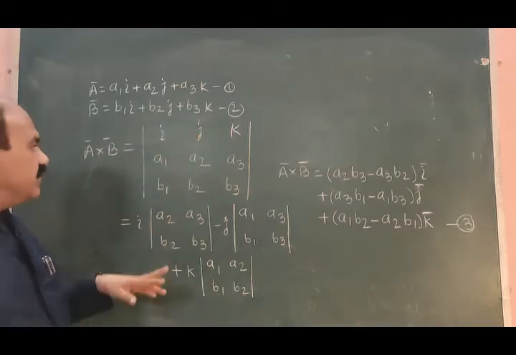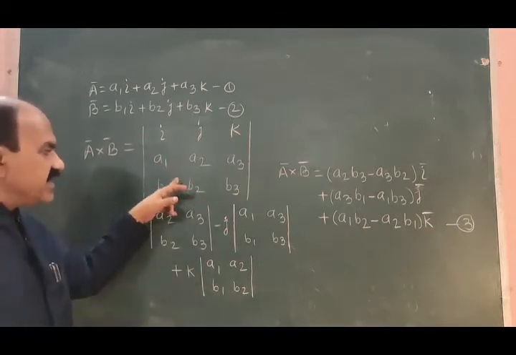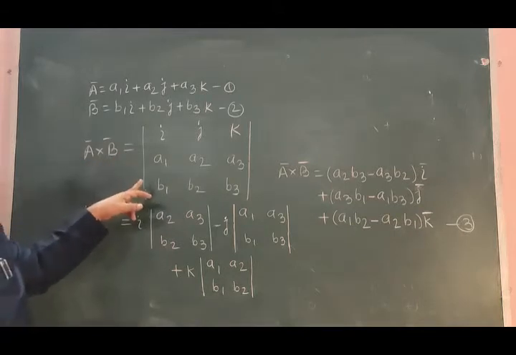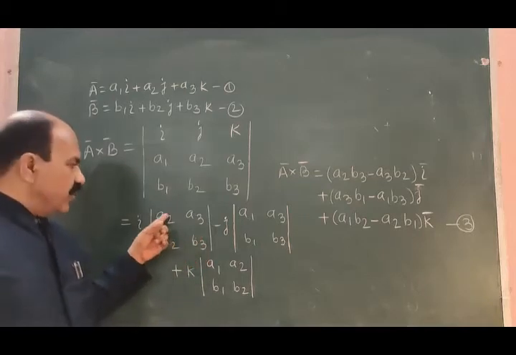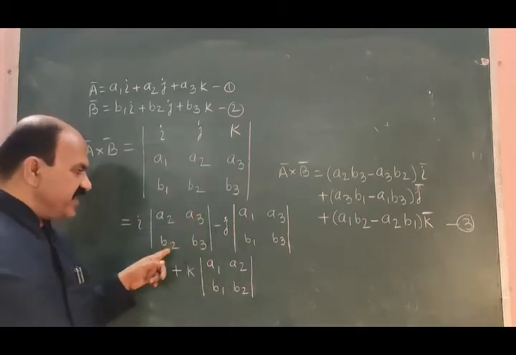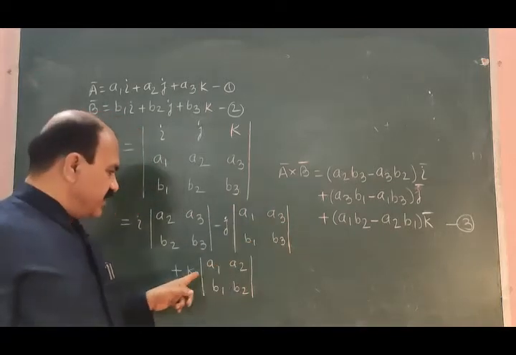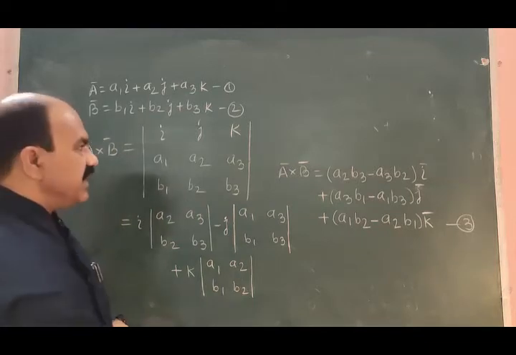Then, what is written? This is written for cross product of vector A and vector B. So, here we have to take cross product of this element minus this element, of this element minus this element, of these elements minus these elements. Let us write it here.